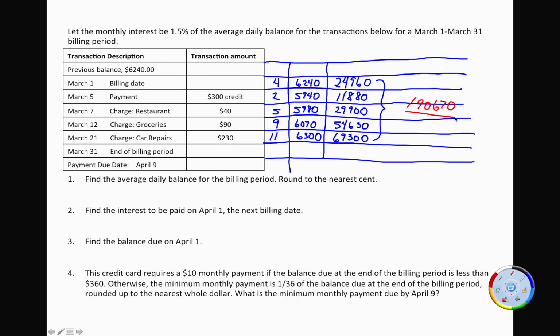If I divide that by the number of days in the billing period, and this is a 31-day month, so divide that by 31, I get 6150.645. So my average daily balance is $6,150.65.